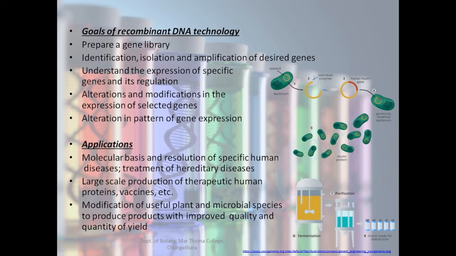So multiple copies of this gene are produced, and insulin is produced on a large scale. After this, insulin is extracted from the bacteria, purified and made ready for use.